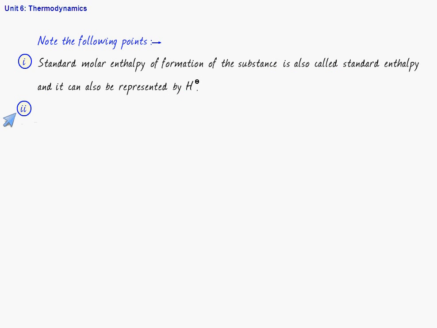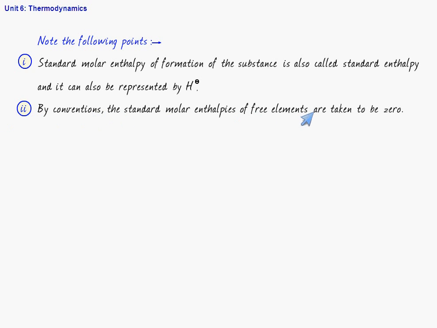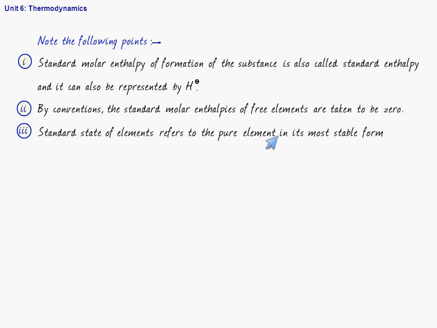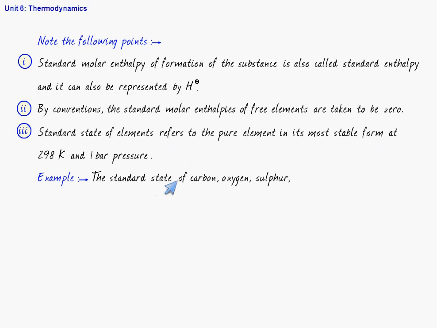And third, the standard state of an element refers to the pure element in its most stable form at 298 Kelvin and 1 bar pressure. For example, the standard states of carbon, oxygen, sulfur, mercury, iodine, bromine, etc. are C graphite, O2 gas, S8 rhombic, Hg liquid, I2 solid, Br2 liquid, etc.